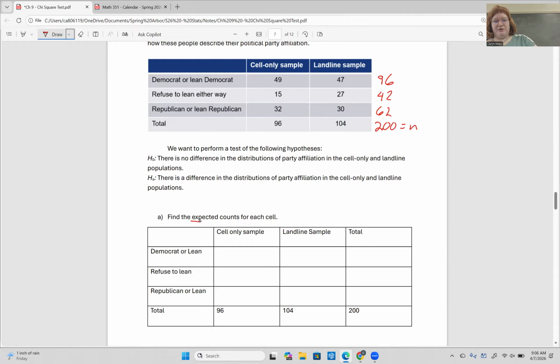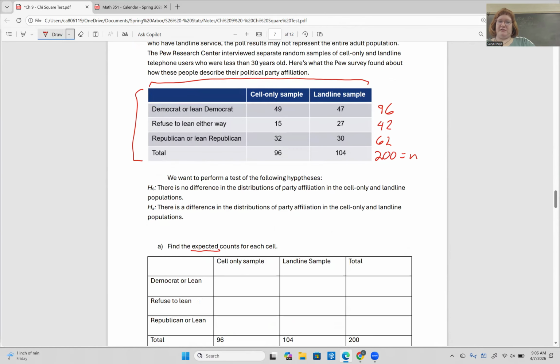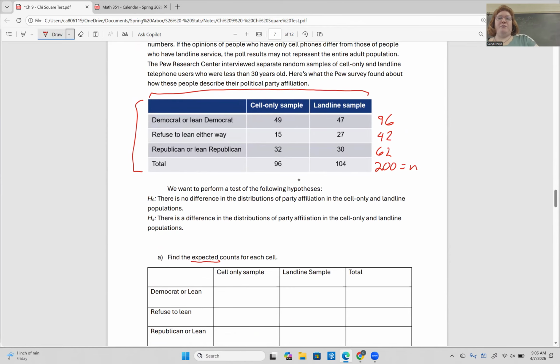We are back to the situation where we have multiple rows and multiple columns. There is a formula for an expected. The actual 49 is not involved in our formula here.